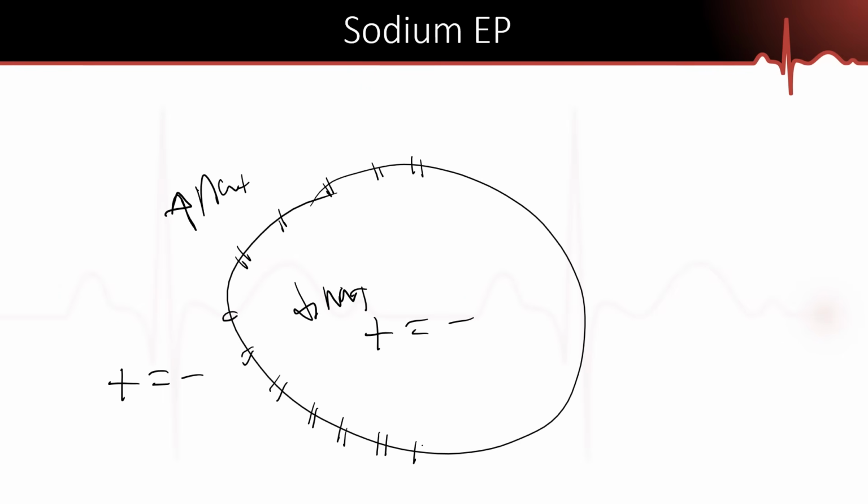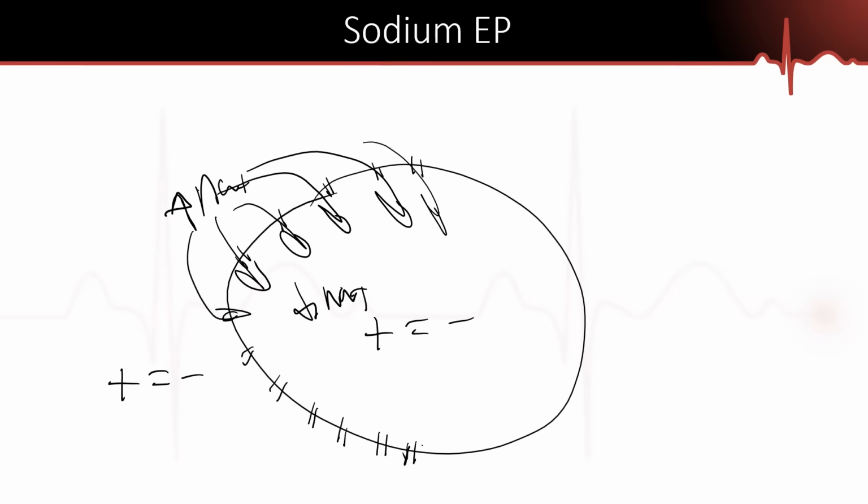And we can create a situation in the lab where this actually exists. If you have this cell that's only permeable to sodium, with a whole bunch of sodium leak channels in the membrane, then sodium, through its chemical driving force, is going to begin to come in through the leak channels.